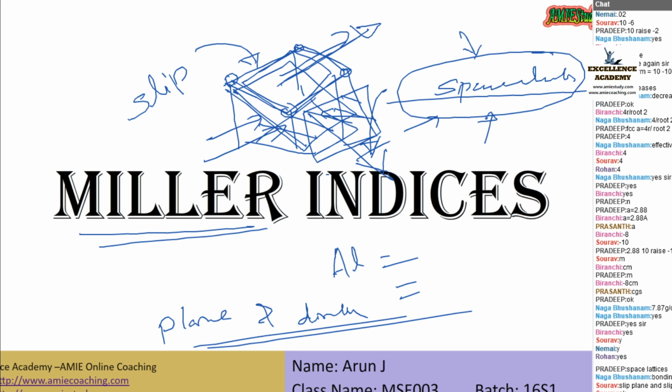Naming is only by Miller indices. The slip plane and slip direction are obtained with the help of certain metallurgical studies. I want to name that so that another scientist need not study again. If the name is there for the material, very easily another scientist can quote, with reference to scientist A, yes, these are the slip planes. For that we want a name. That naming is done by Miller. Got it?